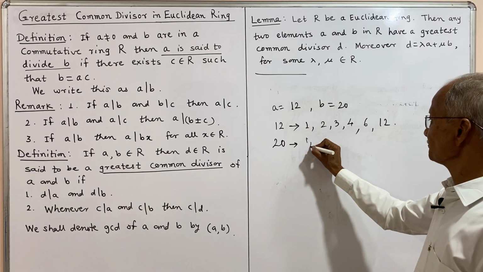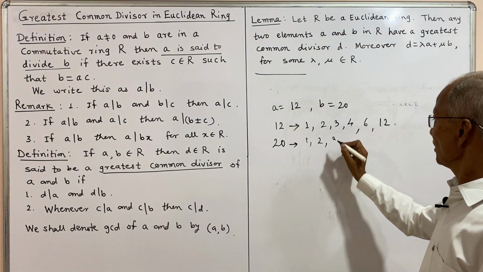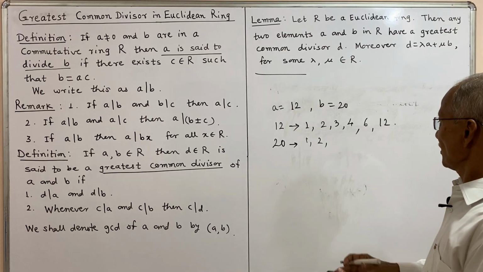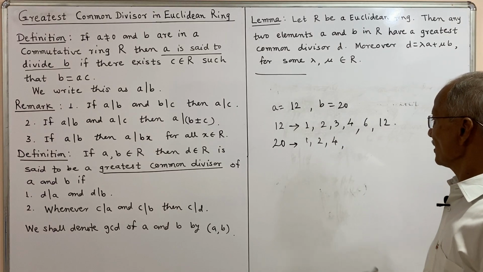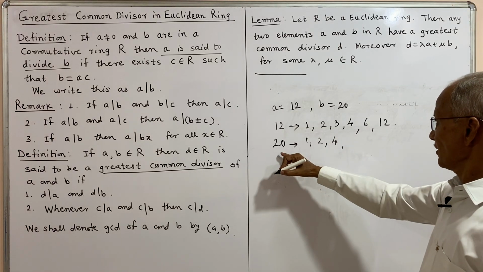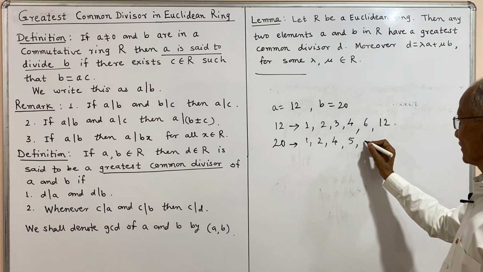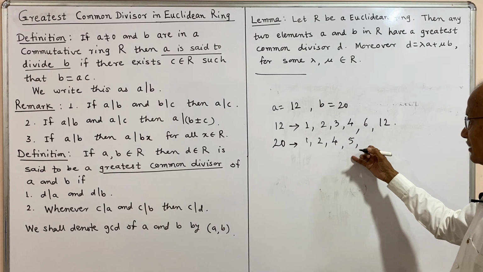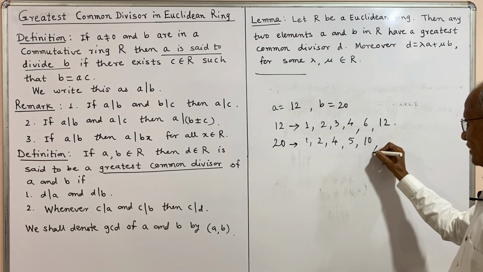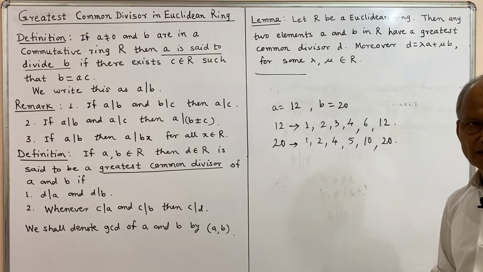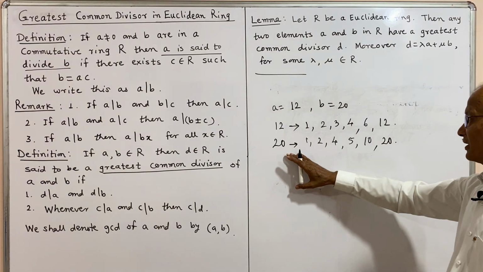For 20: 1, 2, 3 is not, and 4 is, then 5, then 6, then 10, and further 20. So these are the divisors of 20.